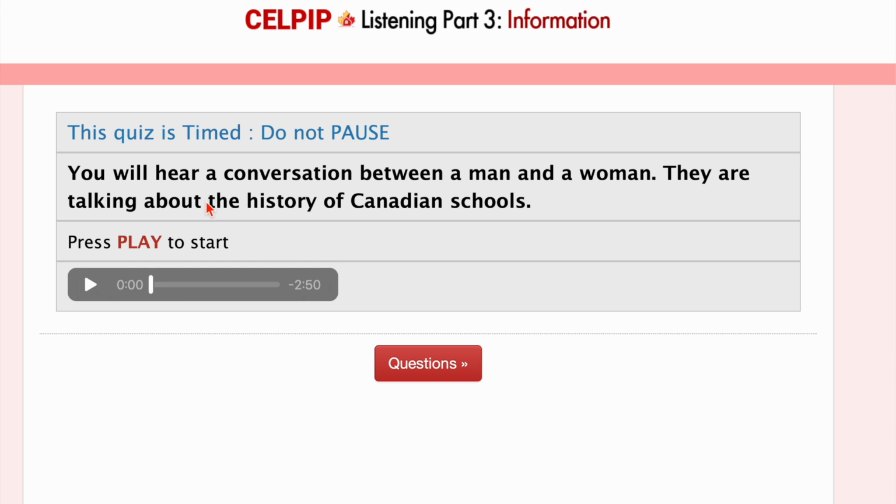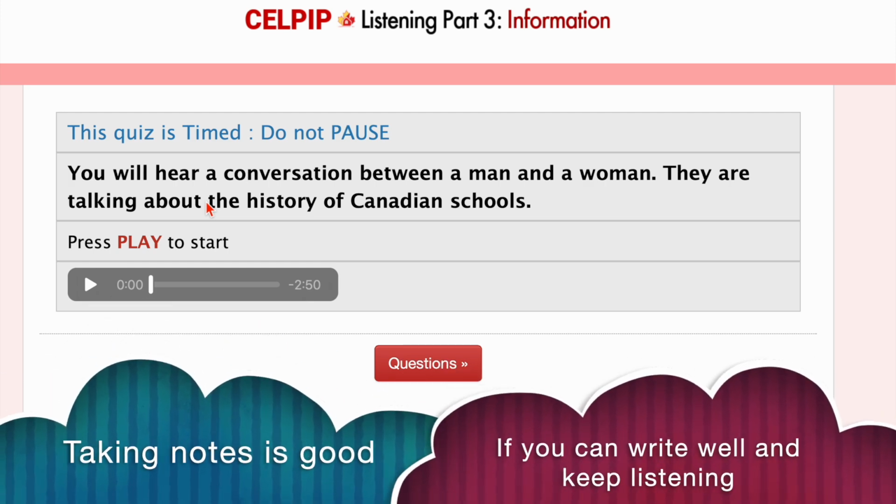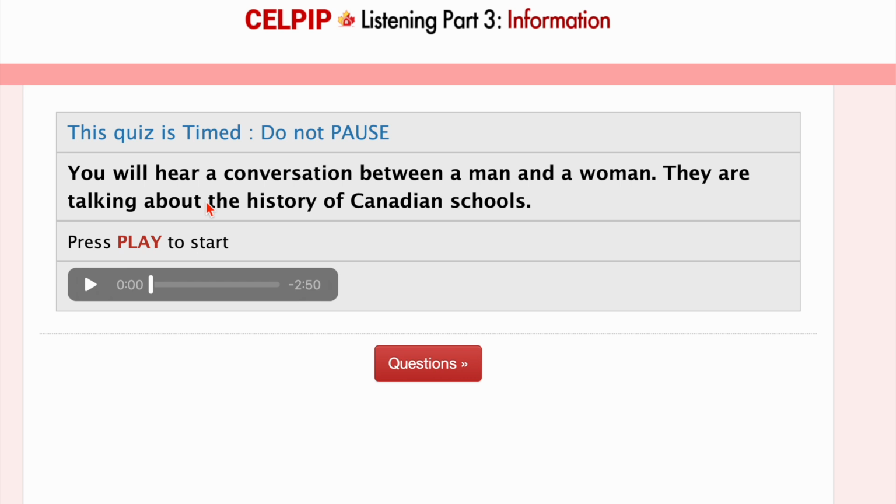Lower levels, we have this problem because sometimes we can't write in English or we're trying to translate too much. So for that, what I strongly recommend is repeating as much information as you can in your mind. And full sentences, not only words. And try not to focus on words like I mentioned. Okay? Try to focus on full sentences.